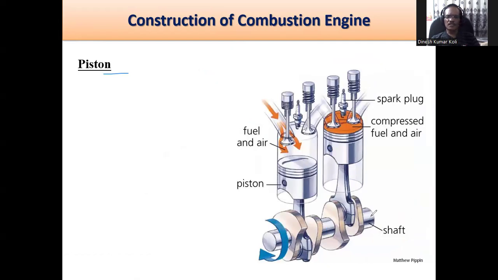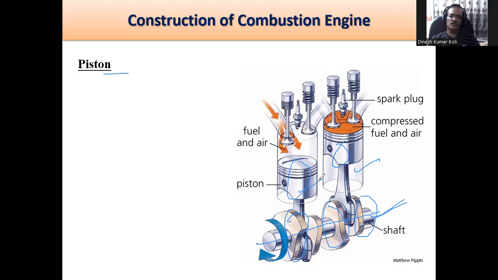You can see this is the shaft, from this end to this end. This is the shaft, which is called the crankshaft, and over it you can see this portion is known as the crank, and this is the piston here. Here you are seeing there are two cylinders and two pistons.